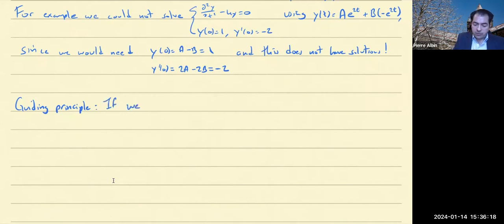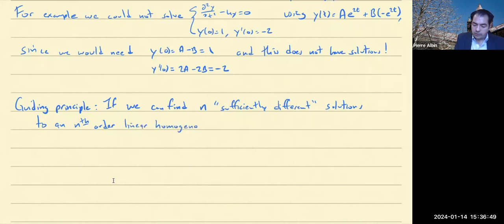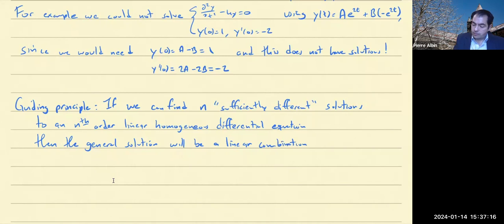The guiding principle: if we can find n sufficiently different solutions to an nth order linear homogeneous differential equation, then the general solution will be a linear combination of those solutions, right?